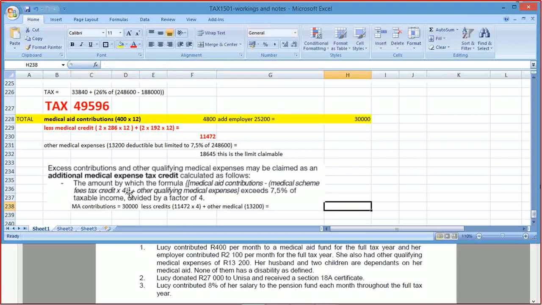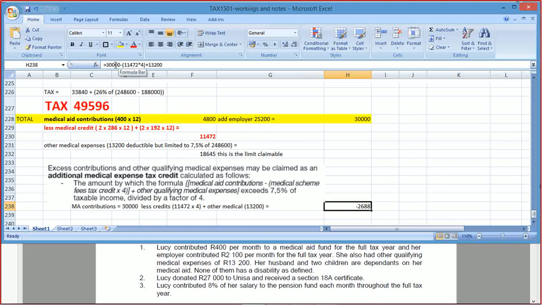And then plus other medical expenses, which was 13,200 in this question. That gives you a total of how much? 30,000 plus open brackets 11,472 times 4 close brackets plus 13,200 gives you 89,088. Okay, so that would be her total, everything that she's contributing. Does that make sense? Yeah.